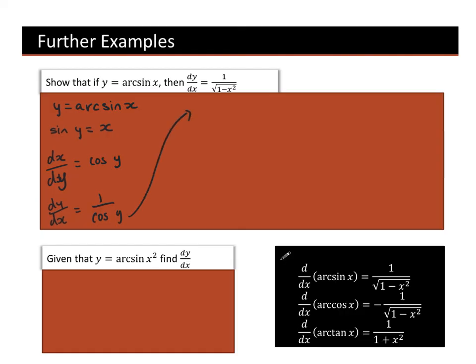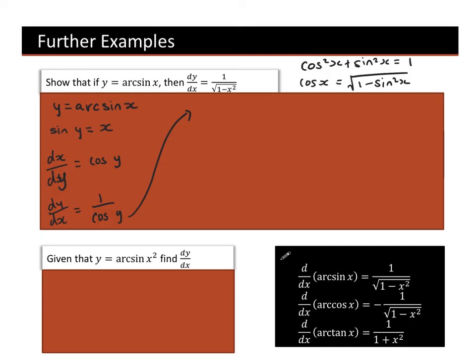Okay? Now, this is the bit that's very frustrating because you're probably going to think, how on earth? Right, first of all, you've got a root 1 minus something squared. The first thing that really should pop into your head is you know that cos squared x plus sine squared x equals 1, okay? And cos of x equals the square root of 1 minus sine squared x.